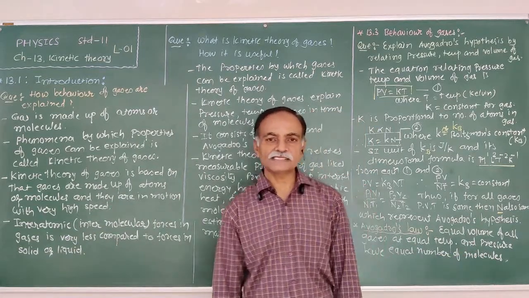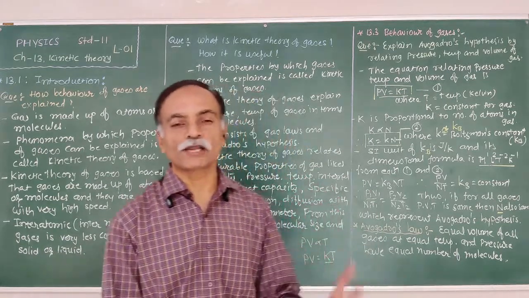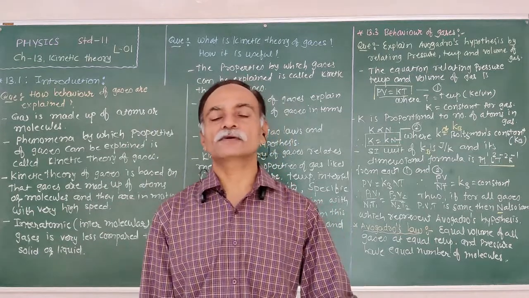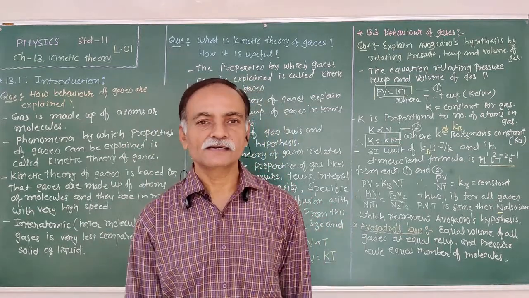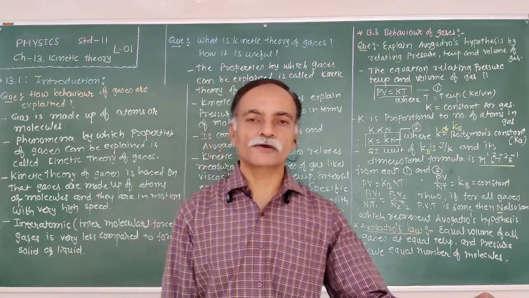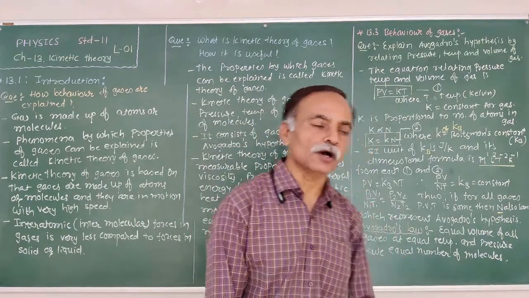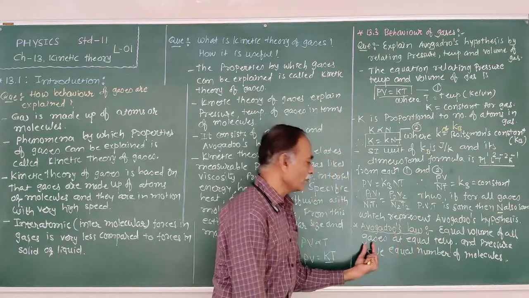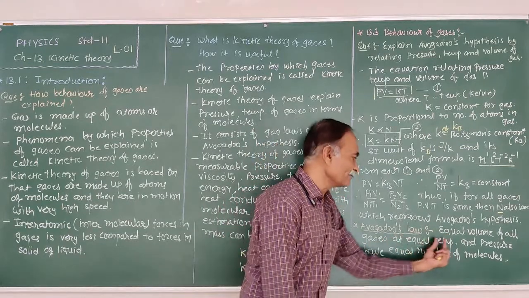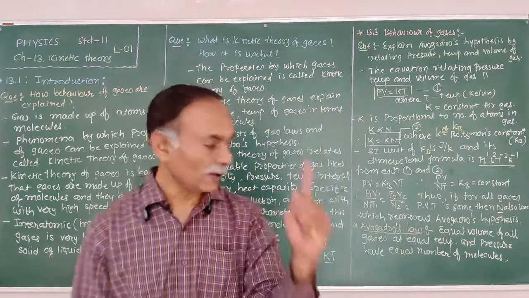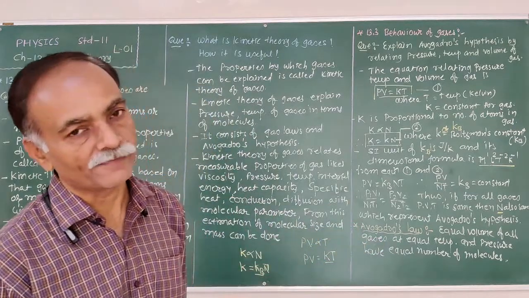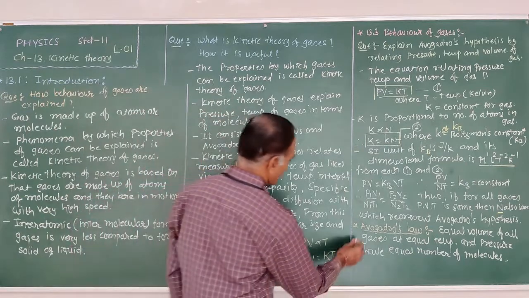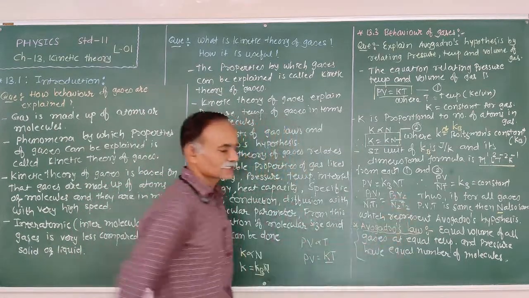That means for all the gases, if the volumes are the same and these volumes are at the same temperature and pressure, the number of molecules in all gases is also equal. So this statement is known as Avogadro's hypothesis.